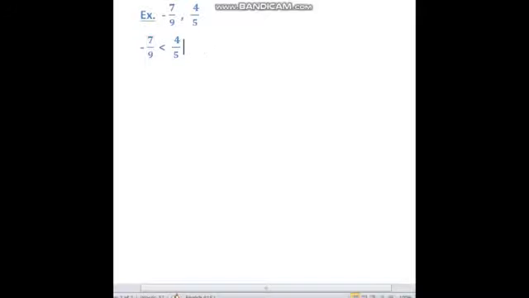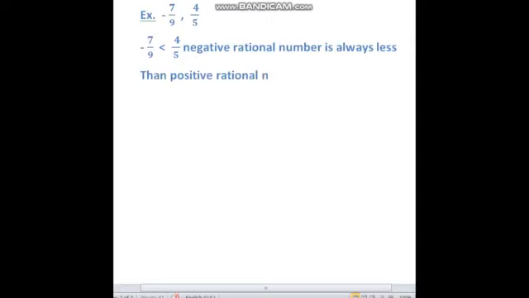So we can write here that a negative rational number is always less than a positive rational number. Okay, so this will be your answer for this condition.